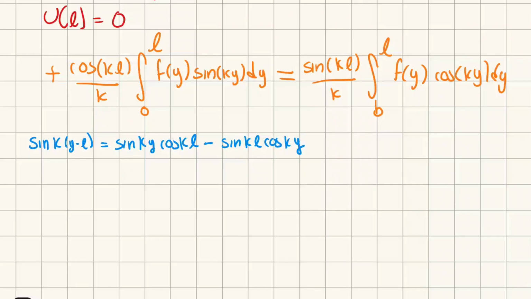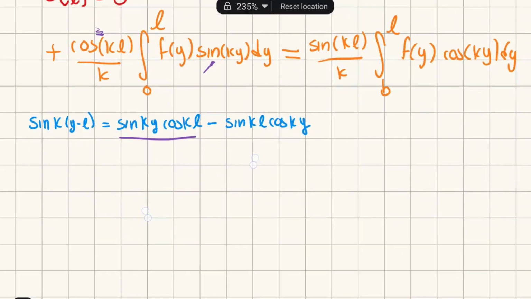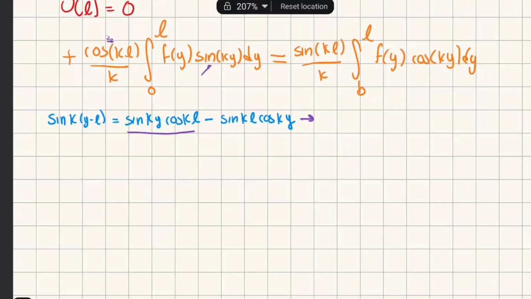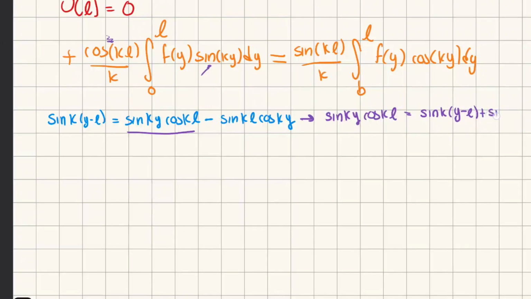Okay, notice that here in this integral we have cosine kL and sine ky, which is this element over here. So we are interested in that. So we will have that sine of ky cosine of kL is equal to sine of k times (y minus L) plus sine of kL cosine ky.